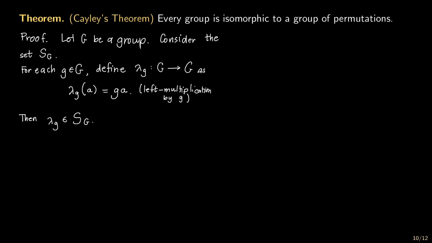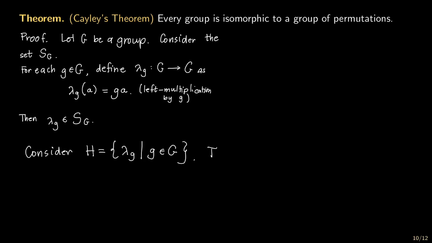So what we did here is that for every element of the group, we have produced an element of S sub G. So now we consider the collection H consisting of all the lambda g's. For example, if G has 5 elements, then there are 5 lambda g's, one for each element of the group. That's the idea.